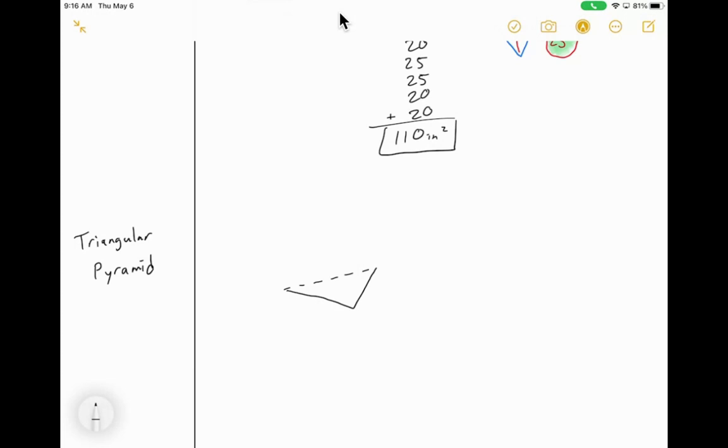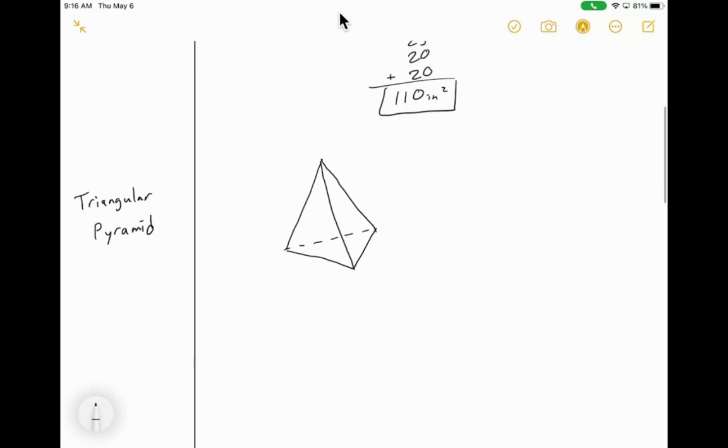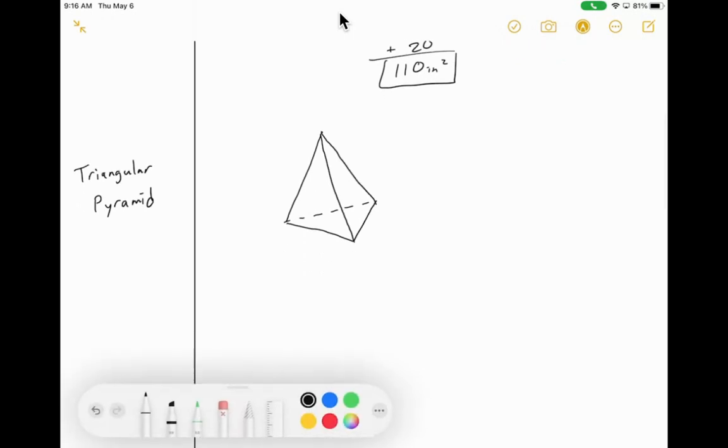Start with a triangle. And we'll put a dot up here. And to make this a little easier to see, we'll look at this base here.